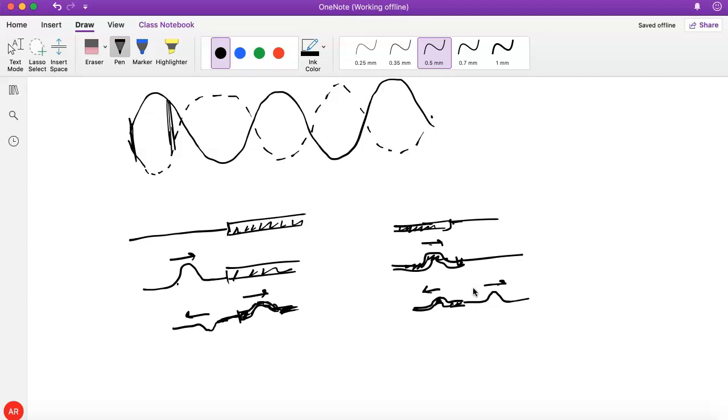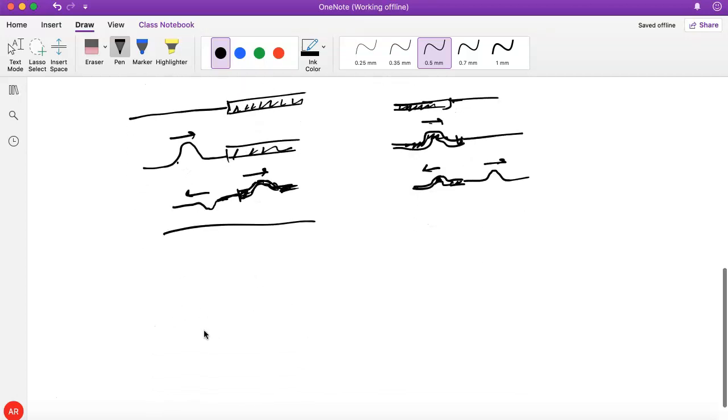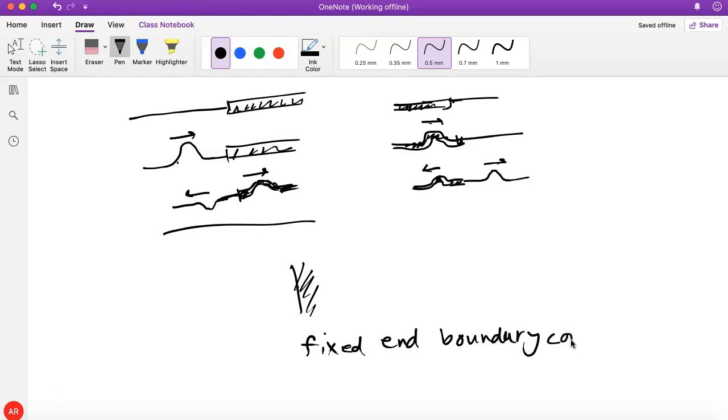An extreme case of this is if you have a thick wall. It gives you something known as a fixed end boundary condition. If that wall is really heavy, it cannot support propagation of waves, and basically this point is pinned to the wall, so the wall isn't moving.